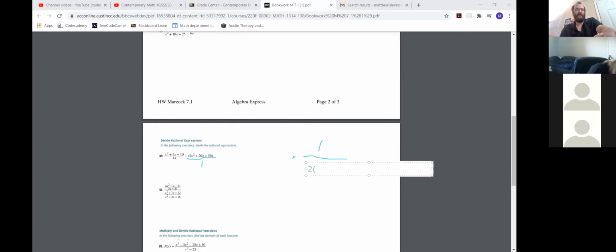Which I think factors into x plus 5, x plus 5. Yes. I think they're all positive. Y'all got everything factored, man. I can whiz through this thing.